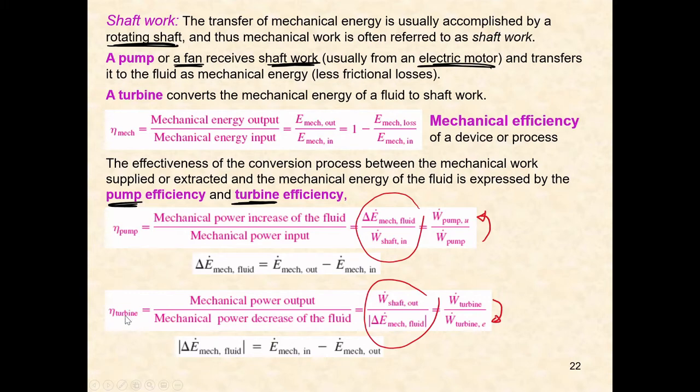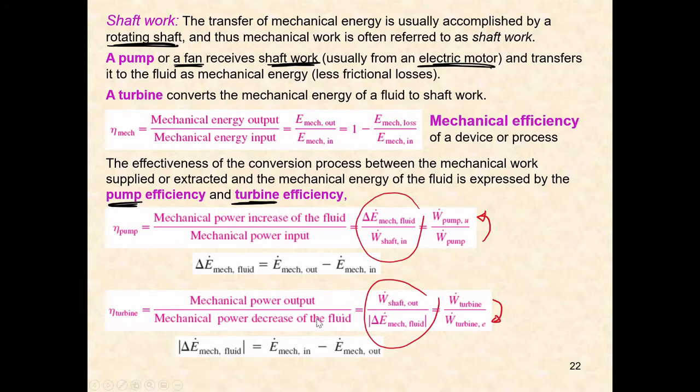And then you also have the mechanical efficiency of a turbine. The mechanical efficiency of the turbine is given by the mechanical power decrease in the fluid, which transfers that energy to the shaft, right? So the energy will be taken up by the shaft. That's why you have a mechanical power output, which is the energy taken up by the shaft, divided by the mechanical power decrease in the fluid.